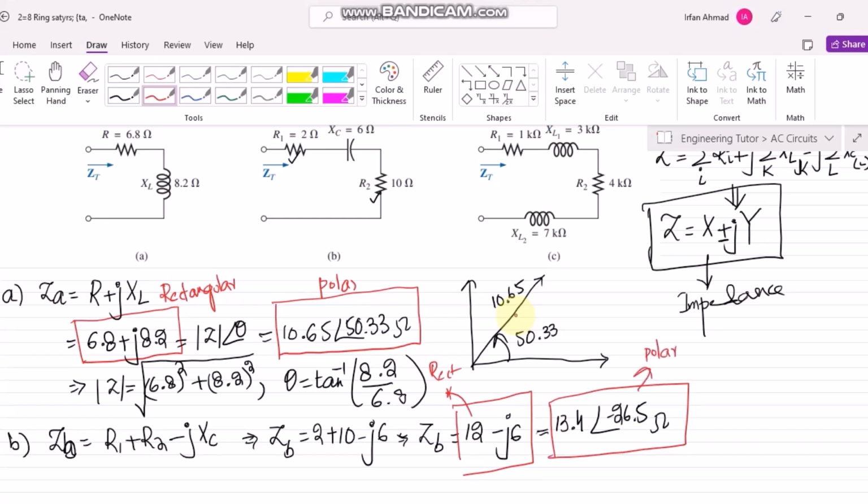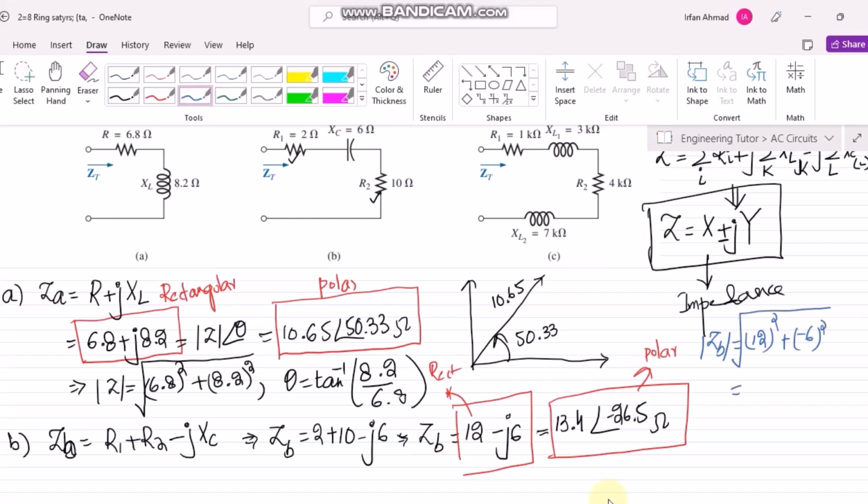Okay. Similarly, what if you want to see whether these calculated values are correct or not? In order to take a look, let me find the magnitude of this quantity. So, let me call it ZB and magnitude here. So, square root of 12 square plus minus 6 square.